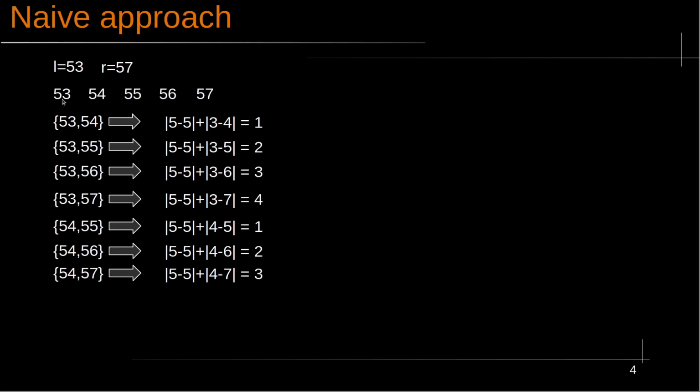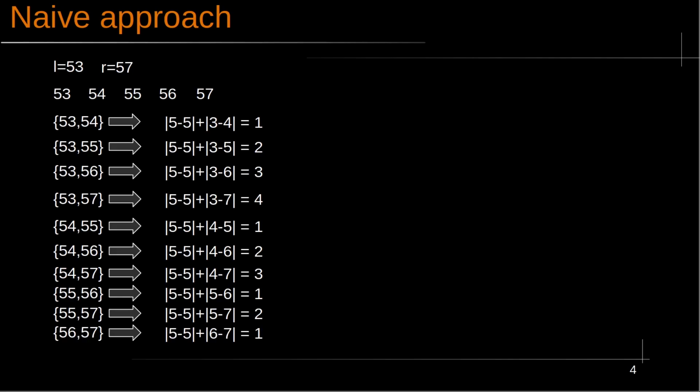We have 3 possibilities. And 55, 56. 55, 57. We have 2 possibilities. Until 56, 57. We have just 1 possibility. The maximum is here, the value is 4. So we can say that the answer is A equal to 53 and B equal to 57. Okay.